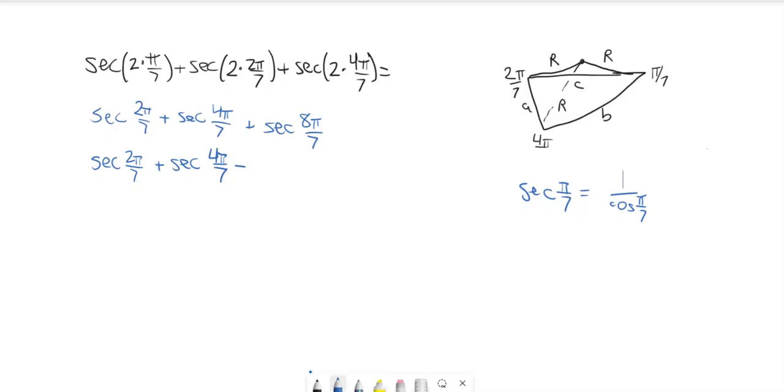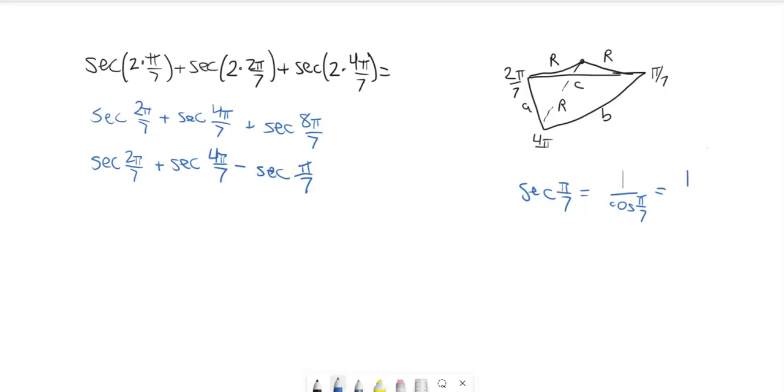I'm going to change the positive above into a negative, and write this as the secant of pi over 7. The reason is 8 pi over 7 is pi plus pi over 7, which is why I wrote it over here.